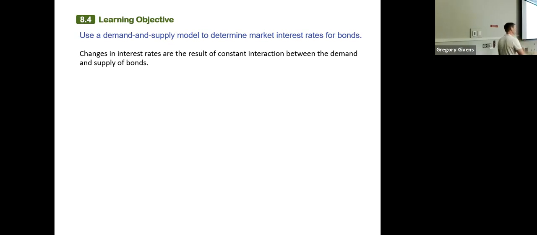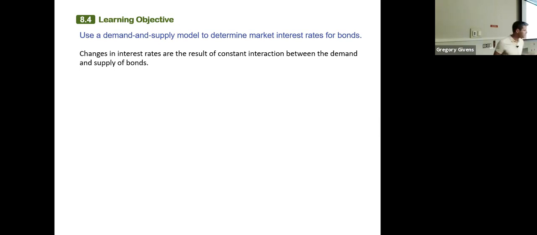If bond prices and interest rates are inversely related to one another, then if we can explain why bond prices move, we should also be able to explain why interest rates move around as they do. Now it is just a statement of fact, hopefully you guys understand this at this point, that bond prices are going to change as a result of the constant interaction between the demand and supply for bonds.